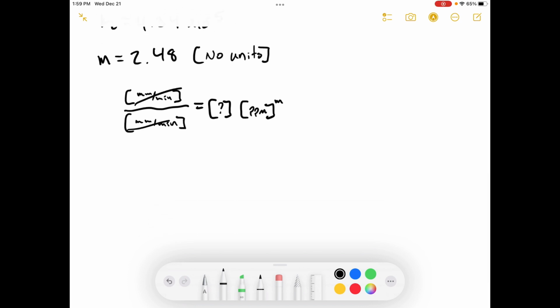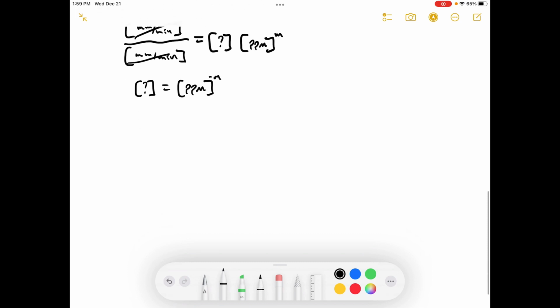These units cancel out, and we're just left with KL's units equal ppm raised to the minus m power. So those units will cancel out as well, and we're left with no units. Okay, so that's the units of KL. We've given both the values and the units of KL. So that answer is part A. So let's move on to part B.